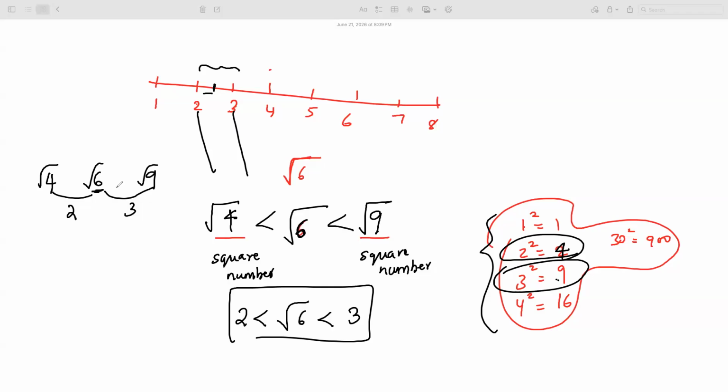So it's close to 2. Why? Because the distance between these two is only 2. The distance between these two is 3. So it is on the left side. If this is 2.5, it is to the left side of it, meaning between 2 and 2.5 is your square root of 6. Does that make sense?